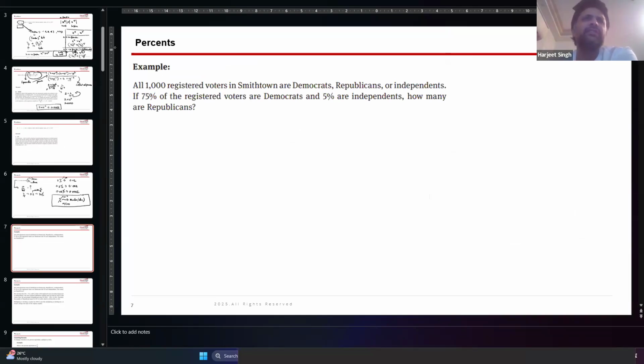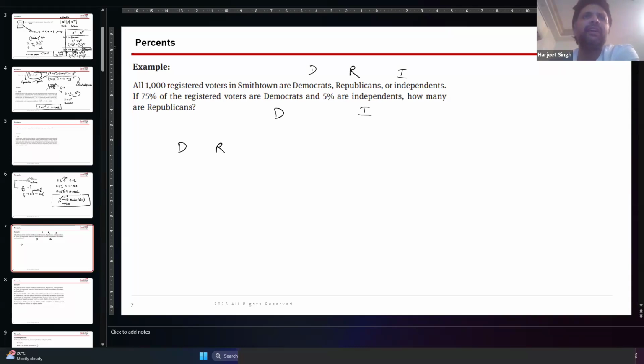Now this question: all 1,000 registered voters in Smithtown are Democrats, Republicans, or Independents. I will shorthand them as DRI. If 75% of the registered voters are Democrats and 5% are Independents, how many are Republicans?